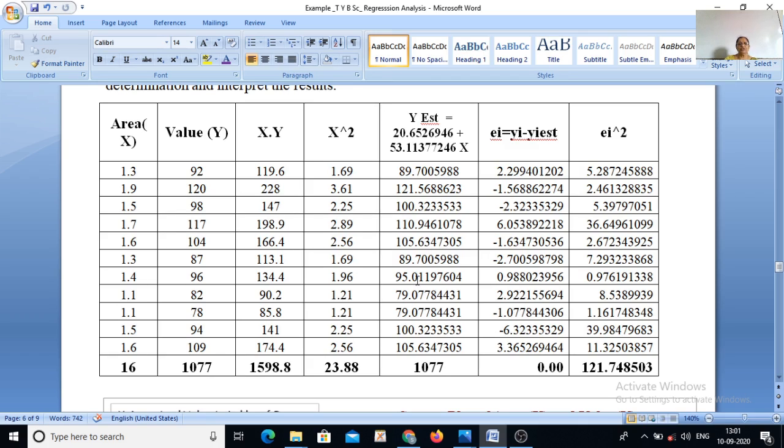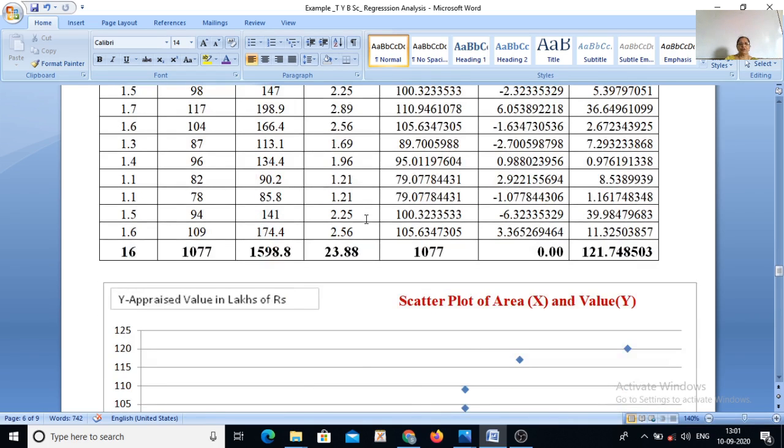Then I have also estimated the regression equation as yi equals beta naught plus beta 1 into x. And then I have computed ei, that is yi minus yi estimate, and ei square. If you are interested, you can do the same things on your own for practice.